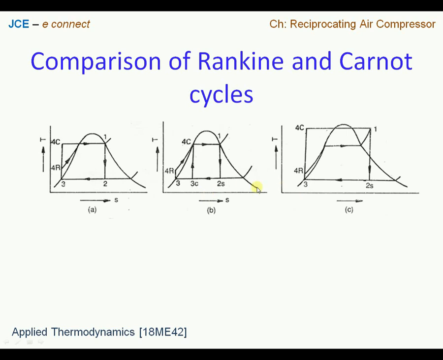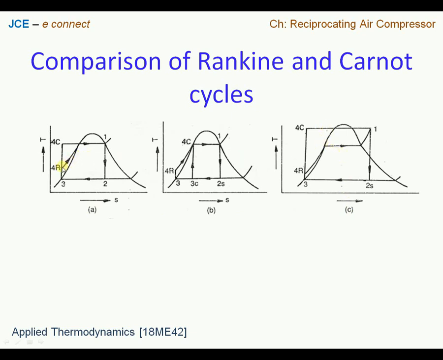So likewise for the rest of the two schematic views or the TS plots, we can see similar representation. Now when we compare figure A with that of figure C, we see that process 1 to 2 and 2 to 3 are quite similar for both the cycles in A and C, for the Carnot cycle as well as for the Rankine cycle. Therefore the difference between figure A and figure C comes when it comes to the heat addition process.